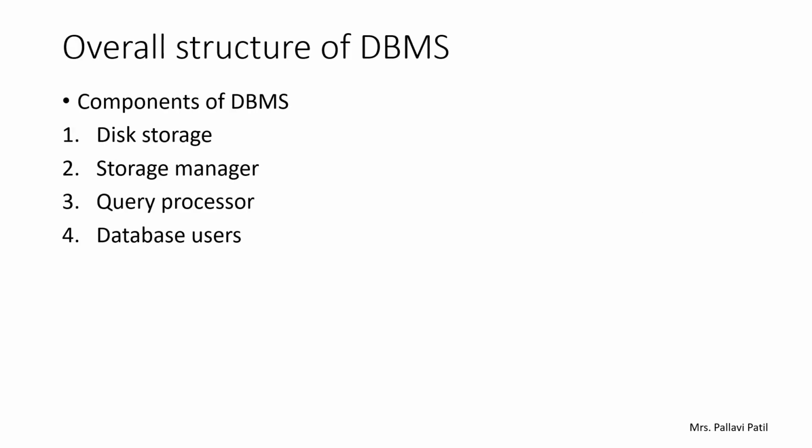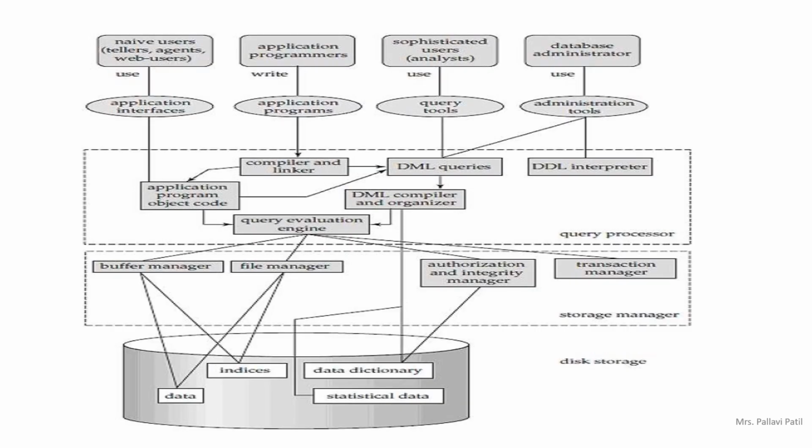Now we will see the overall structure of a database management system. These are some important components of a database management system: the disk storage, storage manager, query processor, and database users. We will see these components one by one.